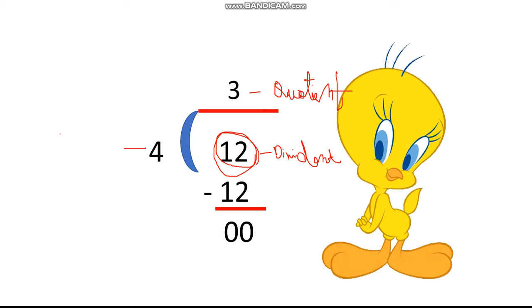Yes, correct, divisor. Now identify what is the remainder. Keep it in mind that when we took the example of our containers, we got all of them into our containers. No one was left in the big box.